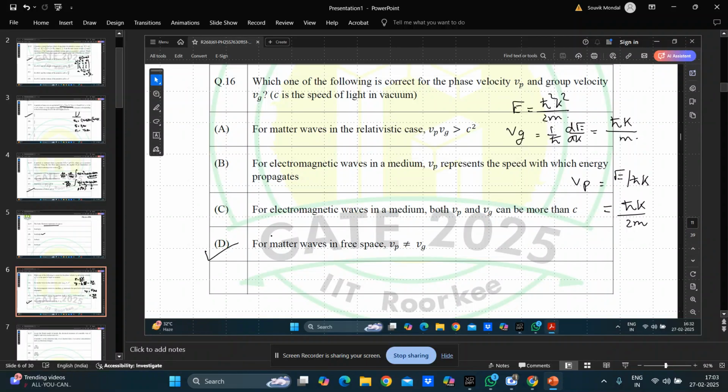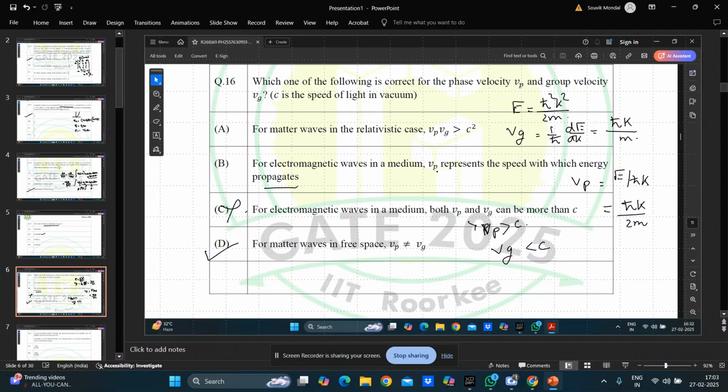Now, for this option, for electromagnetic waves in a medium, can Vg and Vp be more than c? No, it is not. Vp can be greater than c, but Vg, the rate of energy transport, should always be less than c. So this is not true. For electromagnetic waves in a medium, does Vp represent the speed with which energy propagates?